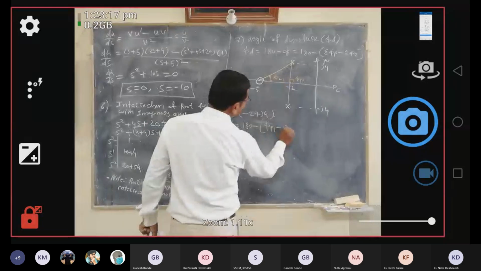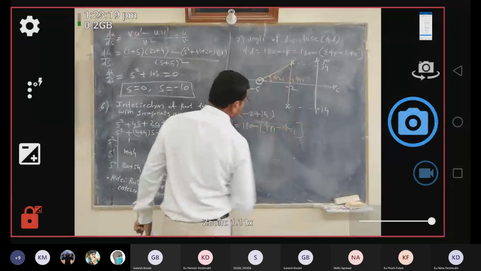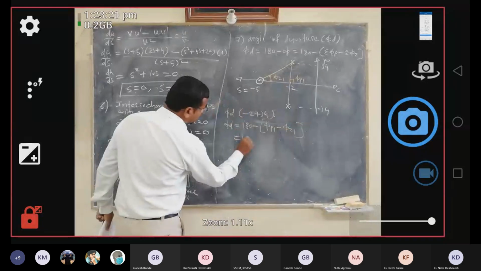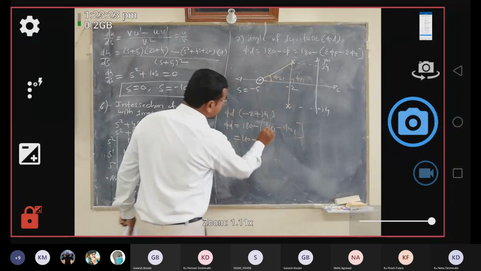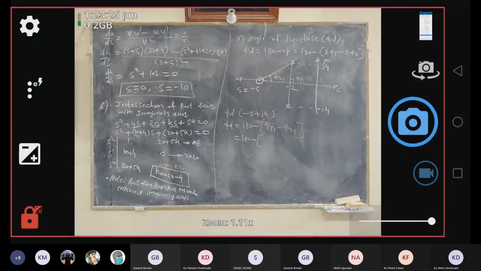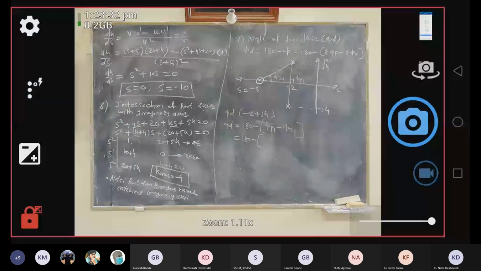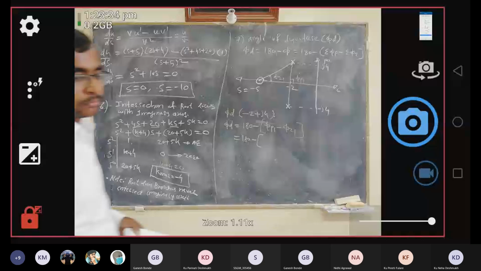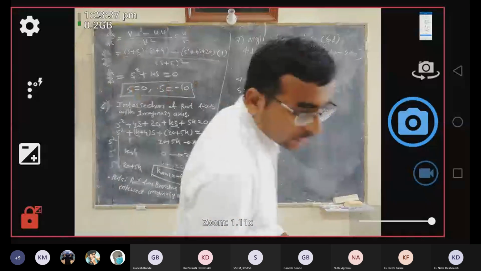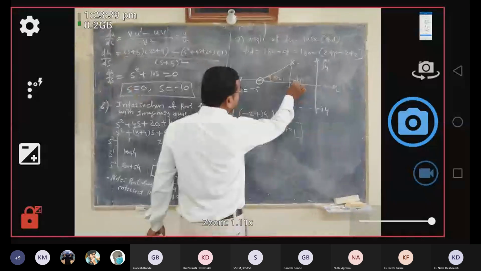So 180 minus, what is the value of phi p1? Can you tell me the value of phi p1? Yes, what is phi p1?